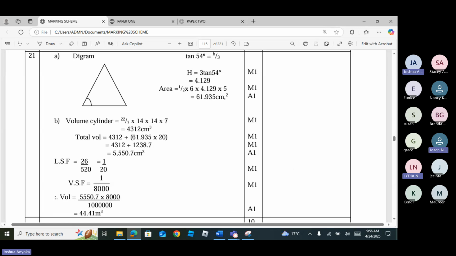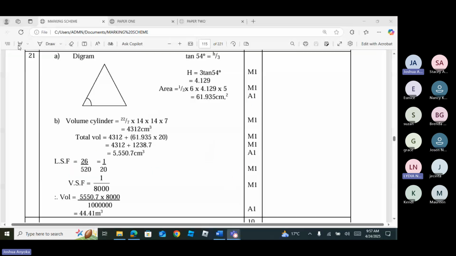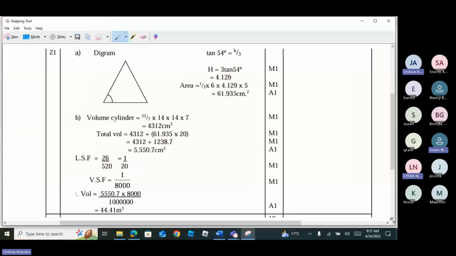For total volume, we have part A. We started from here.